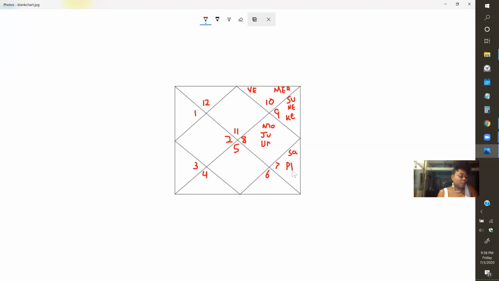And then way over here in the 5th house, I've got Rahu, which is the north node of the moon. And in my 1st house, my ascendant, I've got none other than Mars.